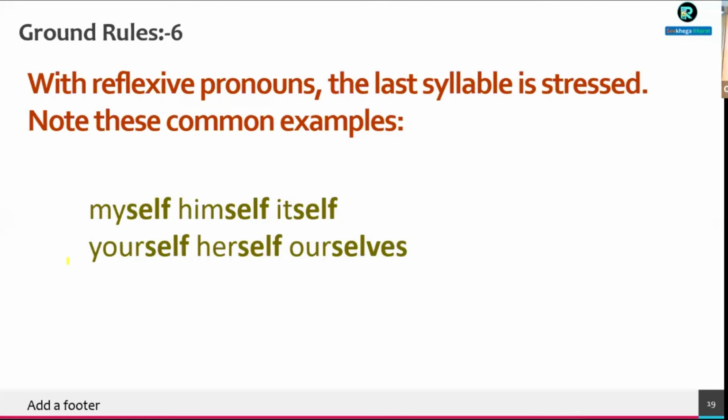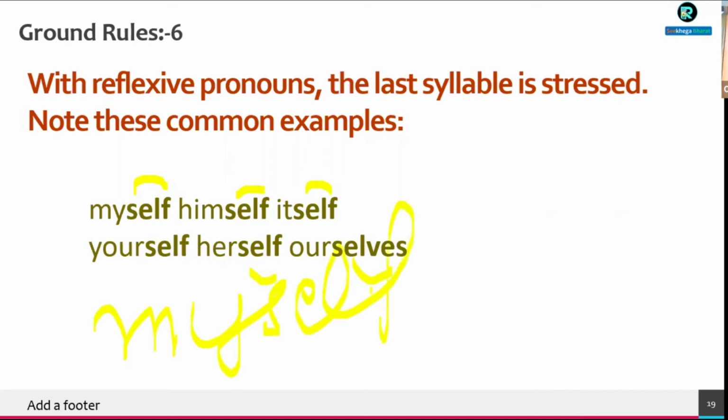Ground rule six. Okay, let's finish this also, with reflexive pronouns. What is a reflexive pronoun? Self. So these selves are called reflexive pronouns, and they can only be used when you have used the main pronoun. Sometimes people say, myself, Ritesh.